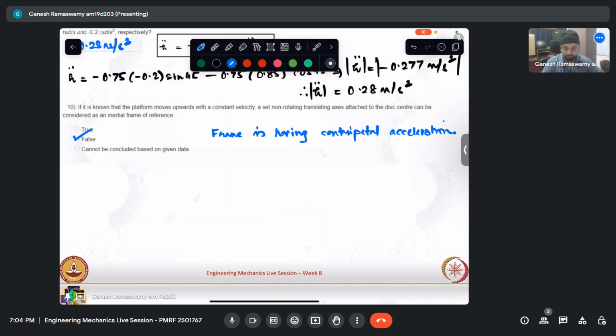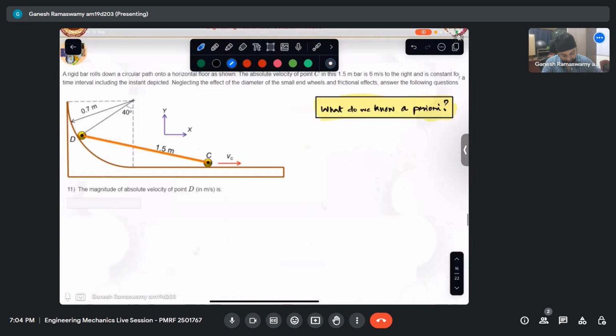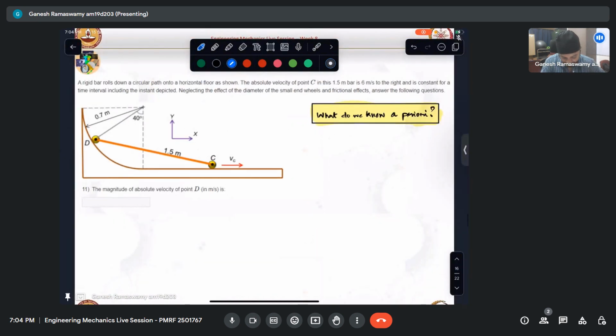Okay, so let us look at this problem. A rigid bar rolls down a circular path, so we have a rigid bar like that. It rolls down a circular path onto a horizontal floor. So we have a circular path till this point, and then we have a horizontal floor.